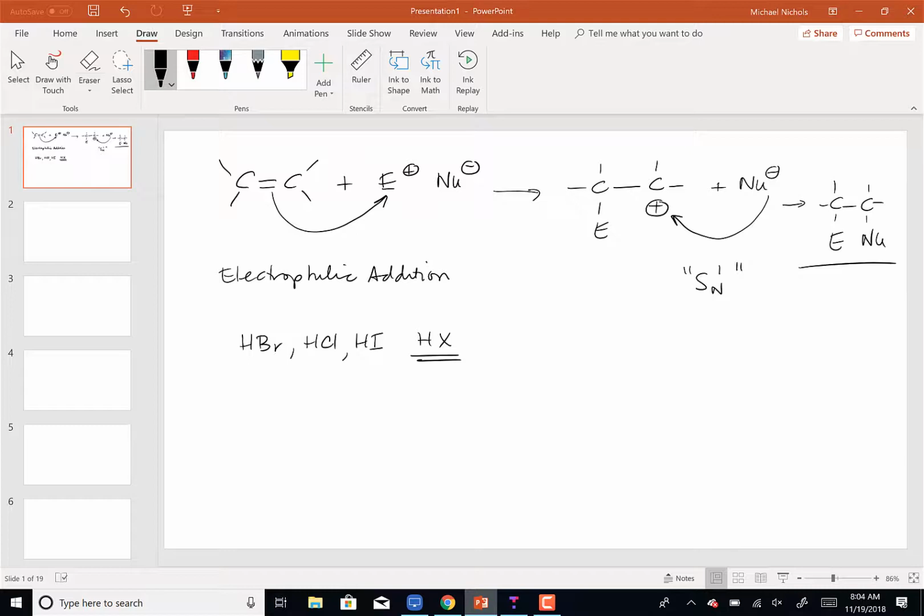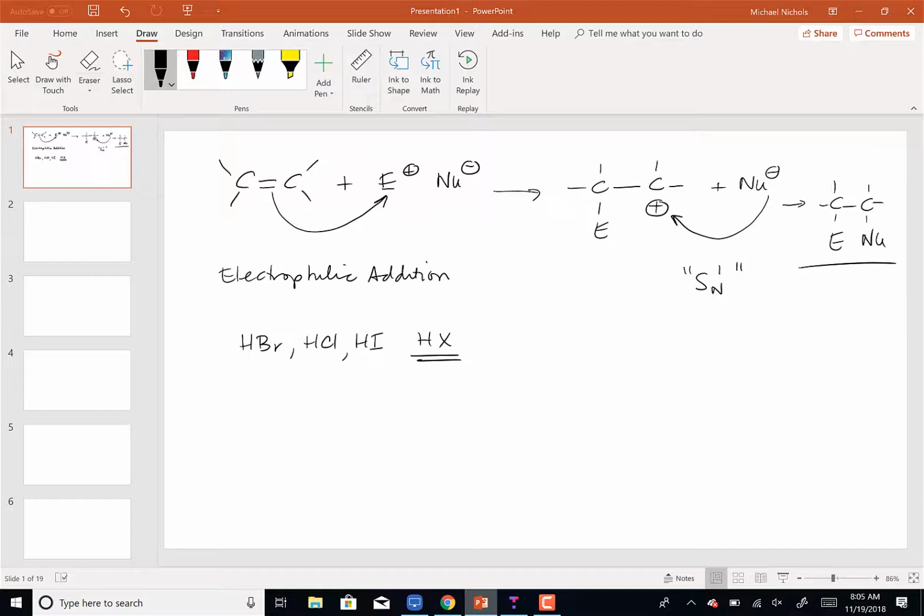The only one missing there is HF, and nobody really does reactions with HF outside of etching glass, because if HF gets on your skin, it goes into your bloodstream and changes your pH, and that's never a good thing to change the pH of your blood. HF's only real use is that if you put it on glass, it'll etch it. That's how you get etched glass. But we're not going to add it to double bonds. So these are the three we would add, and the mechanism would be the same as above.